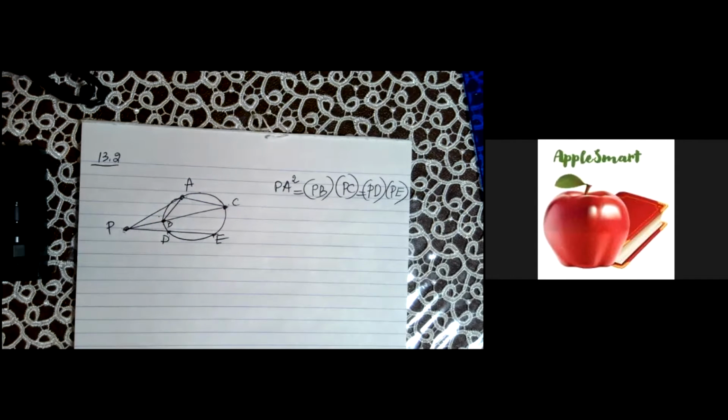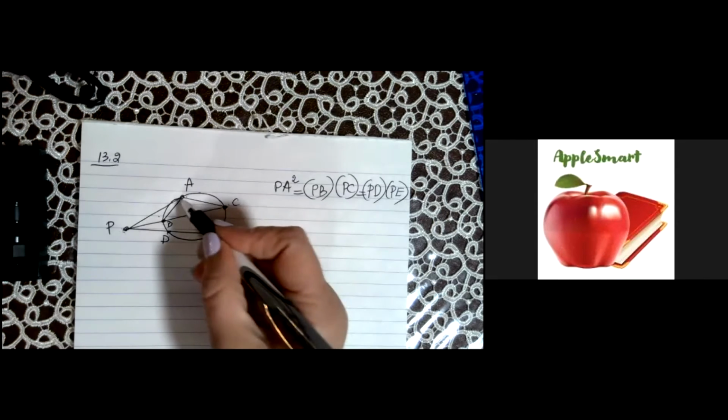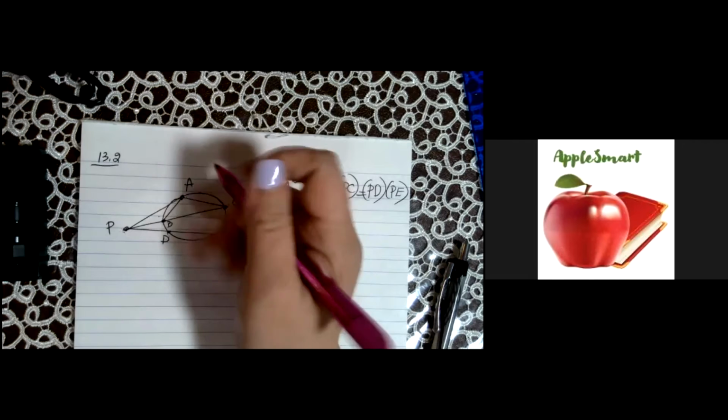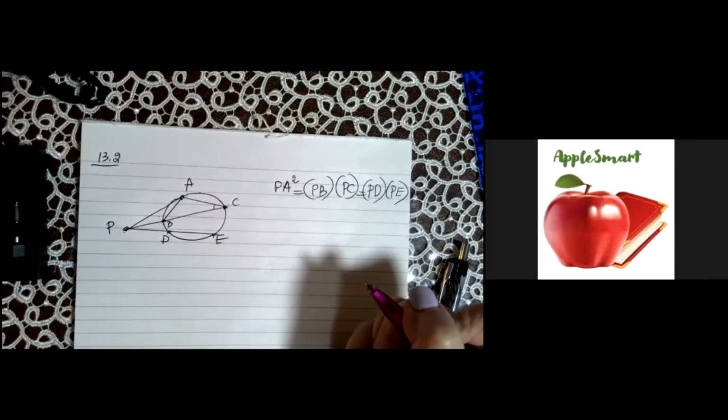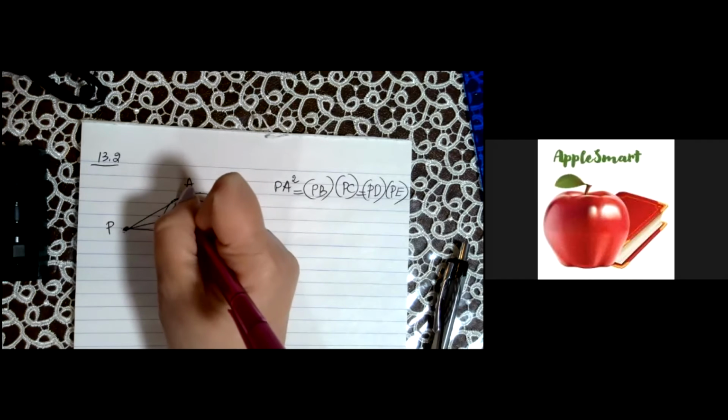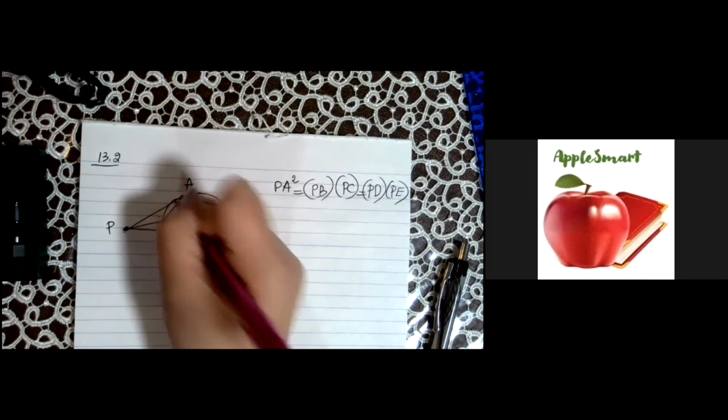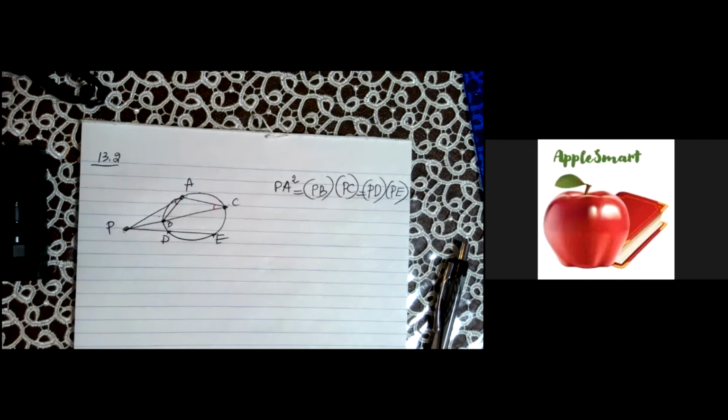And then the question is, we have to prove why angle ACP, which is this angle here, is equal to angle BAP, this angle. Okay, so this is what we are trying to prove. That's the first step.